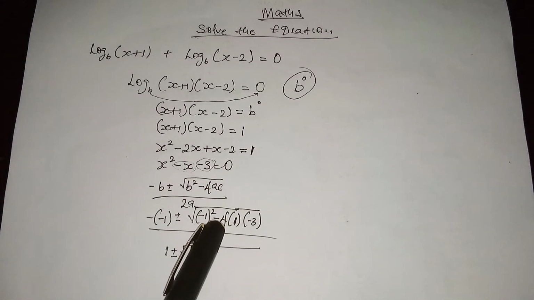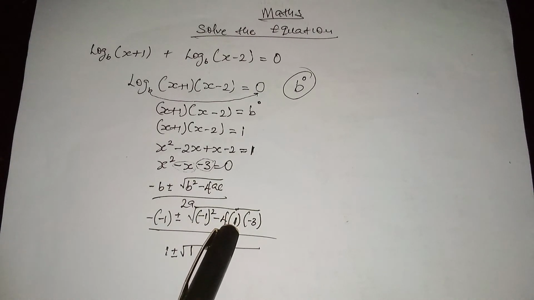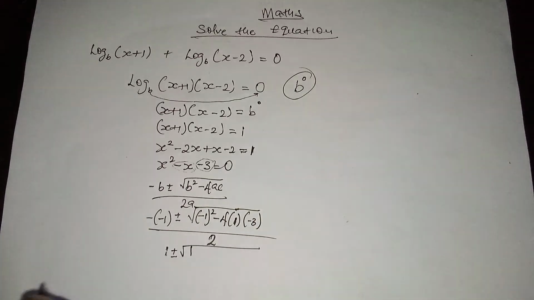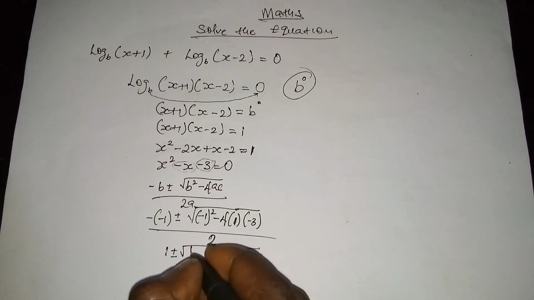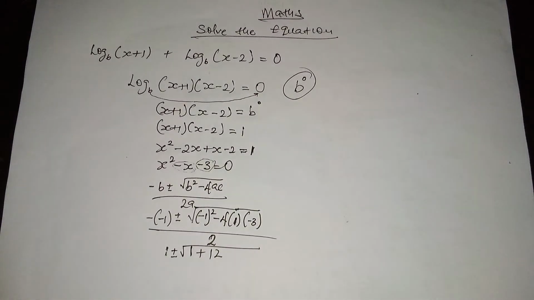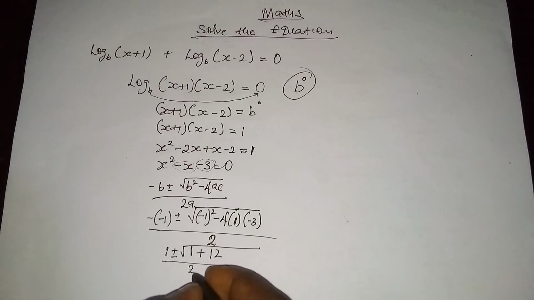Now I have negative 4 times a, which is 1, so negative 4, times negative 3, which will give me positive 12. So I have 1 plus 12, all divided by what I still have, 2.